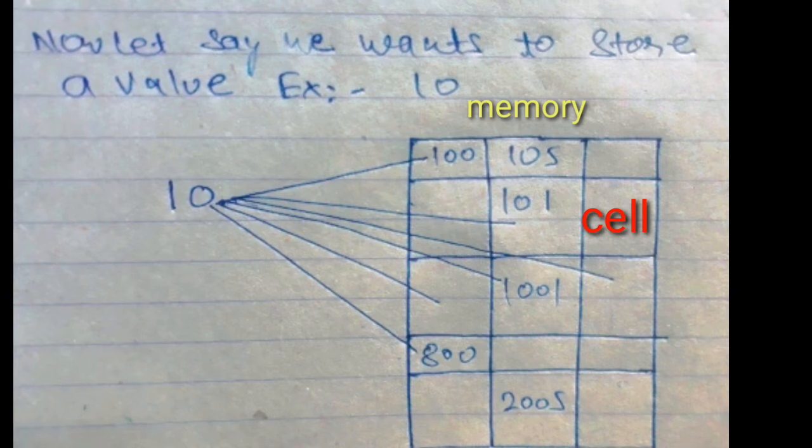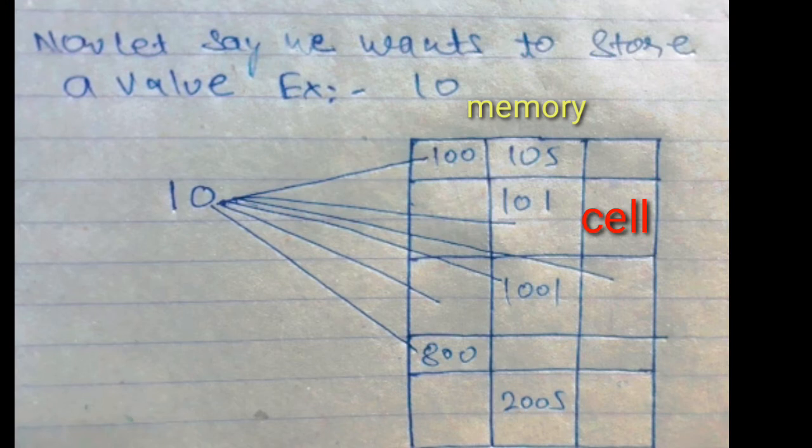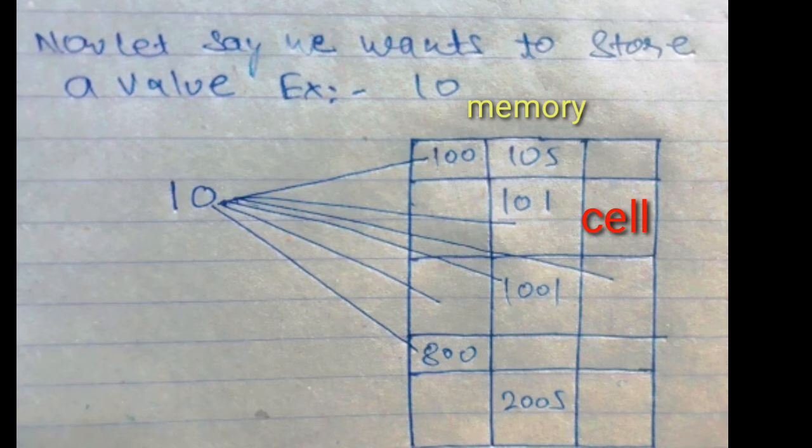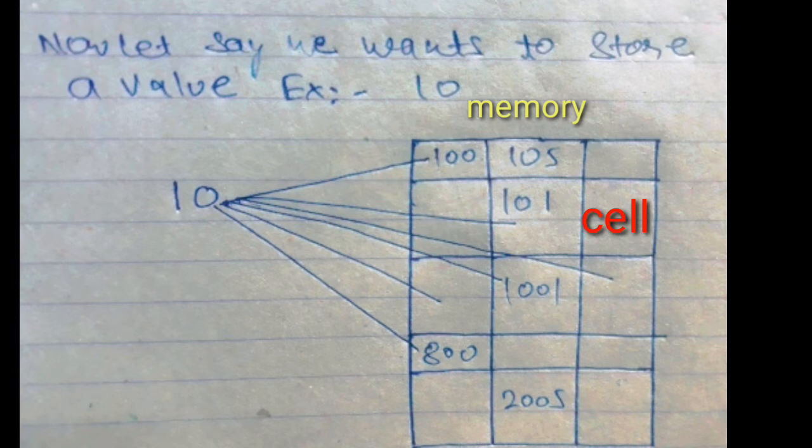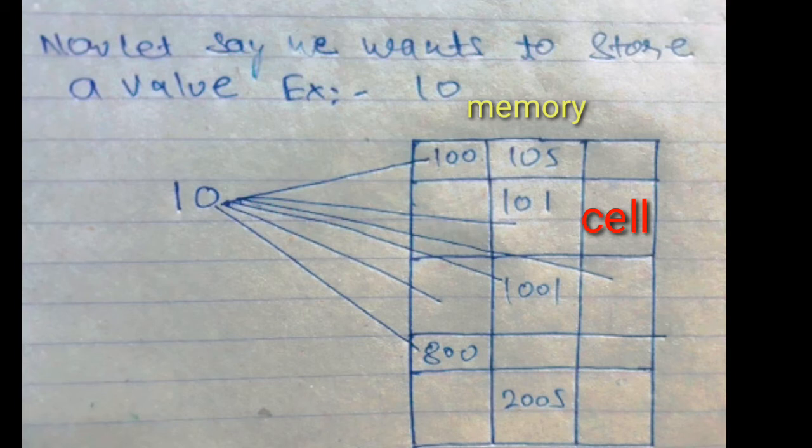So the program, while running, has to be loaded into the memory, and we already know that memory is divided into several sections, and each section has different, unique memory locations. Now let's say you want to store a value 10.